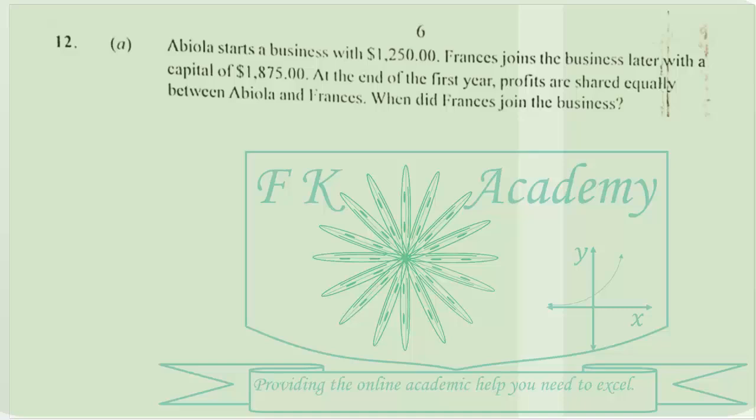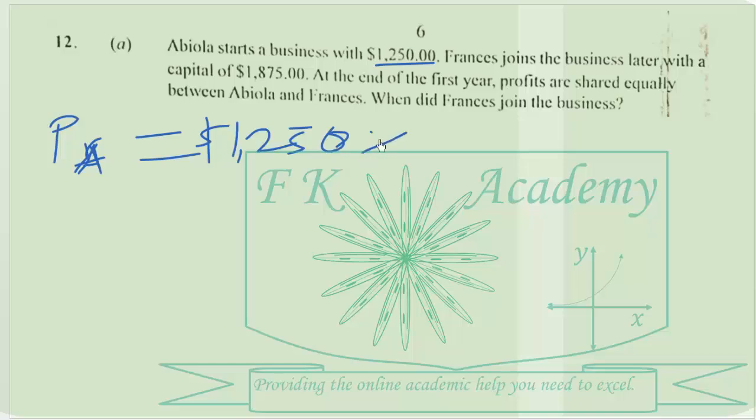Good. So Abiola started a business with $1,250. So the profit of Abiola will be equal to his contribution, which is $1,250 times 12 months over 12. 12 over 12 because the time is usually in years.